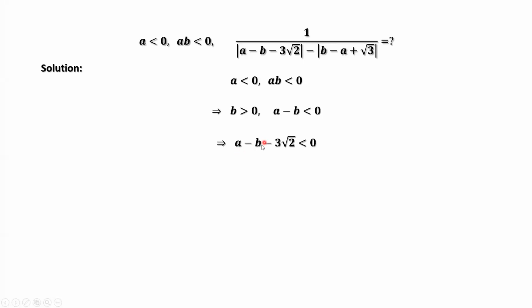A minus b is negative. Negative 3 square root of 2 is negative. The left-hand side is negative. Therefore, a minus b minus 3 times square root of 2 is less than 0. This part is less than 0.